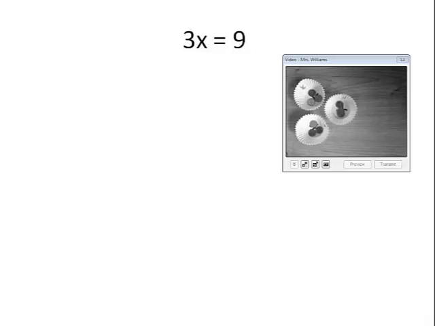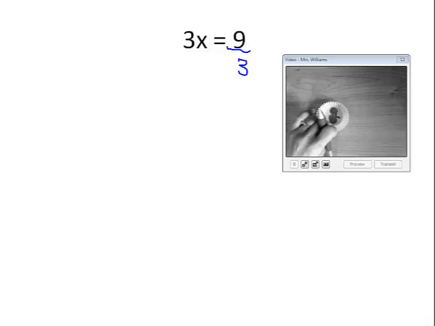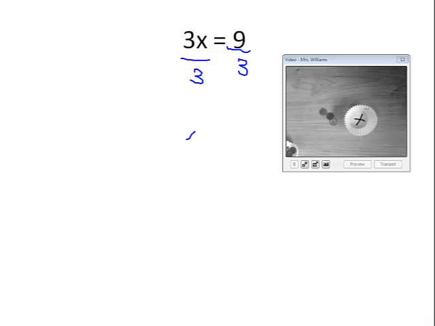Okay, so now we've got them divided evenly into 3 x boxes. And if we take 2 of those x boxes away, which is dividing x boxes by 3, we can see how many pennies are in that last x box, or x is equal to 3.